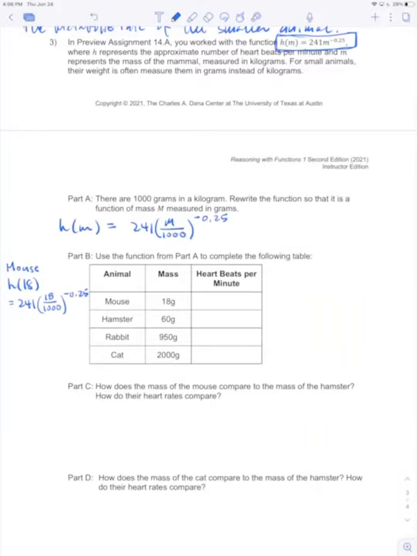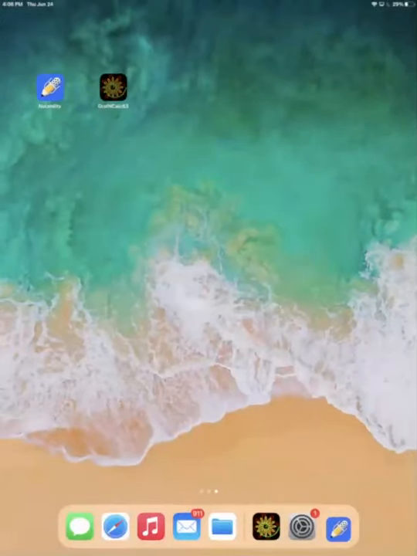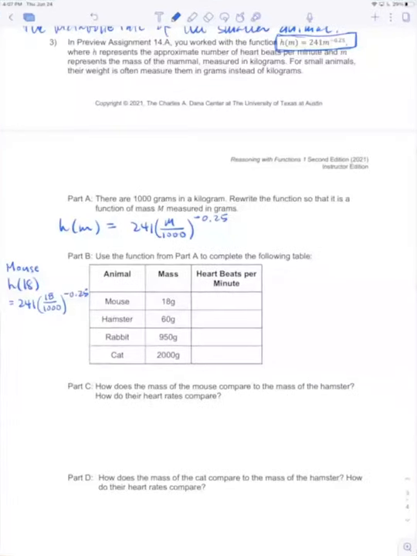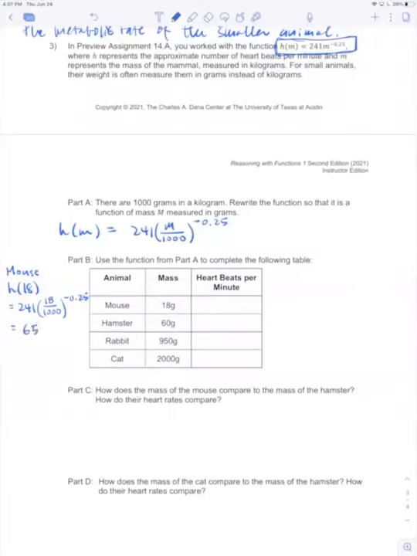So if we go back to our calculator here, we start with 241 times 18 over 1,000, and then we raise this to the negative 0.25 power, hit enter, and we get 657.9. How about 658? We'll put the answer there.